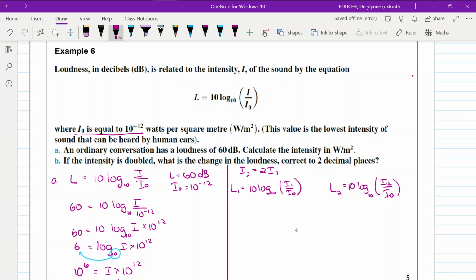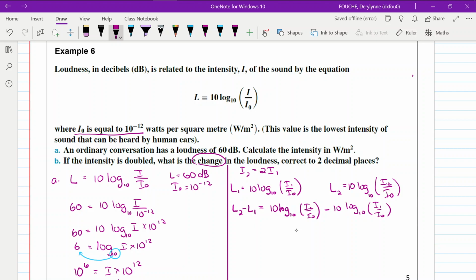Okay. And then I want to have the difference. They're wanting the change or the difference. So I've got L2 minus L1 will be 10 log base 10 of I2 over I0 minus 10 log base 10 of I1 over I0.